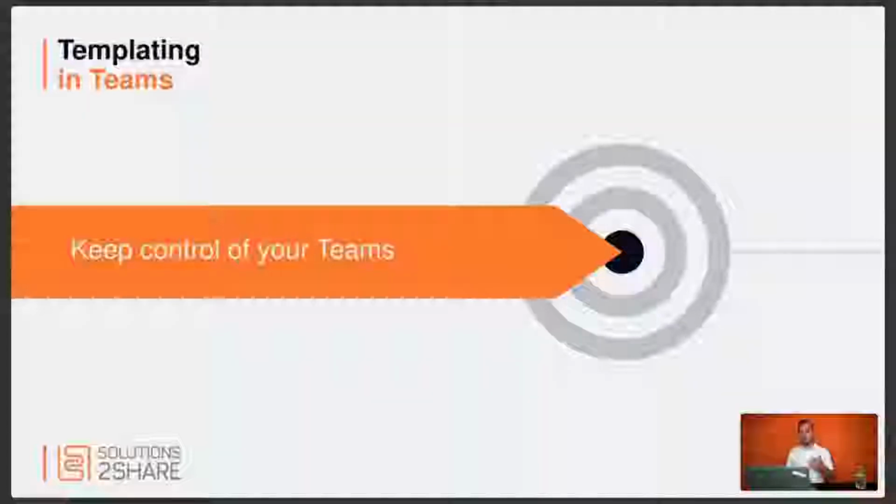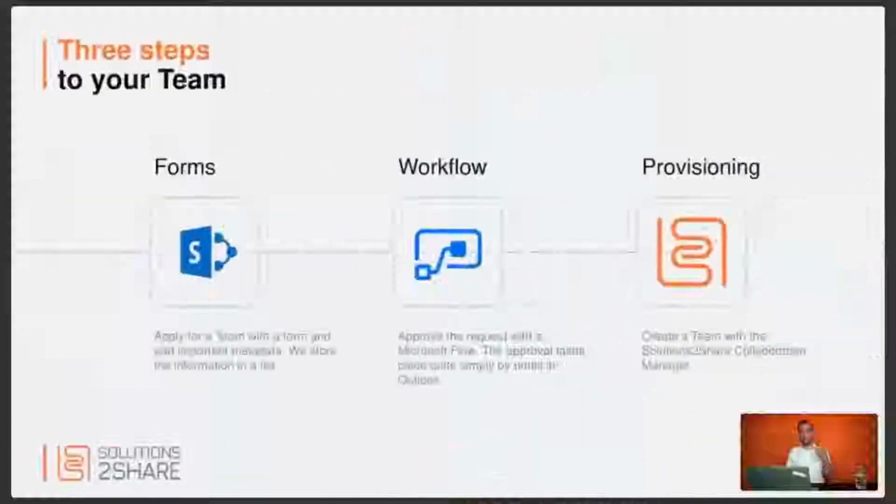What you want is an approval process and a request form, and you want to offer your users 4 or 5 templates, so they have a structured organization and a folder structure, for example, that they can use directly, and all people know how to use teams and how to use, for example, a project team or a department team.